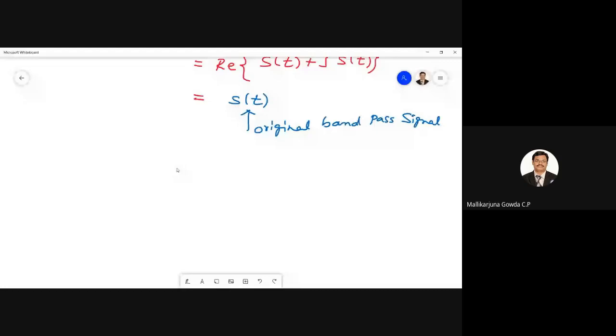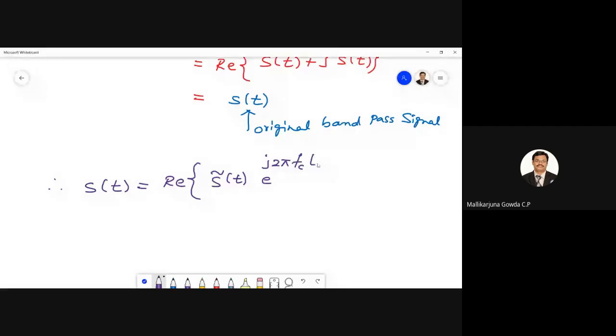So with that, what I can write is, therefore, I can write S of t will be equal to the real part of S tilde of t into e power j2 pi fct.